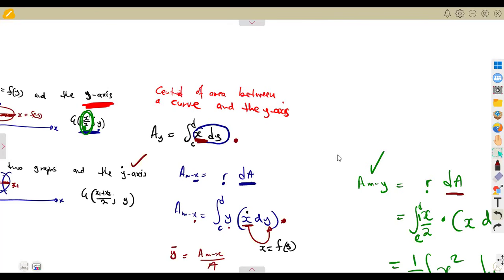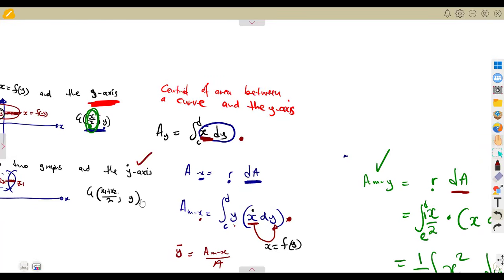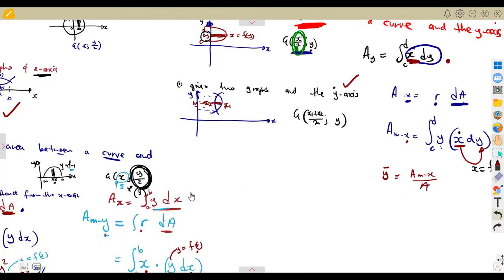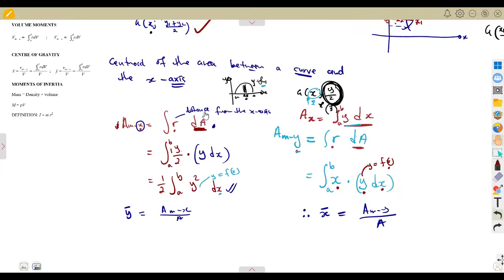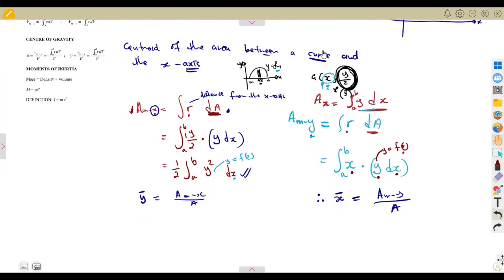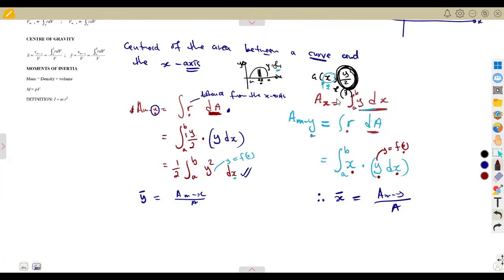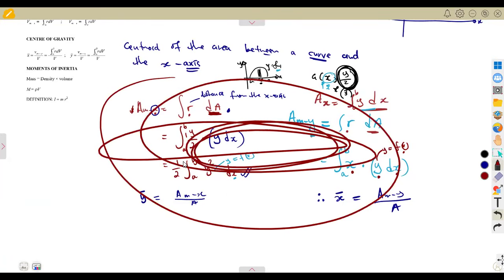We are here. I want you to see this part. Let's hope we're not going to affect this part here. Area between a curve and the x-axis. These are the only two conditions that we're going to expect to have.